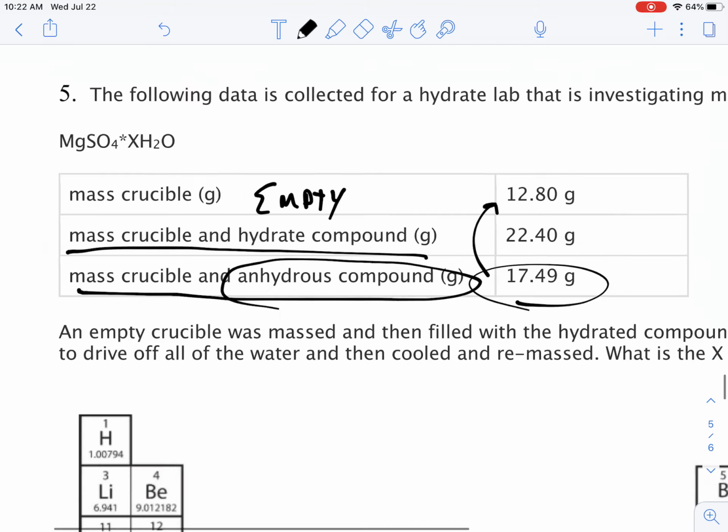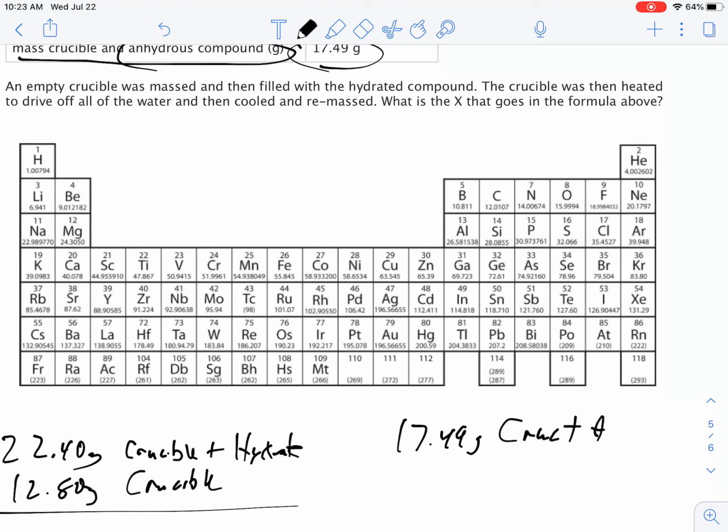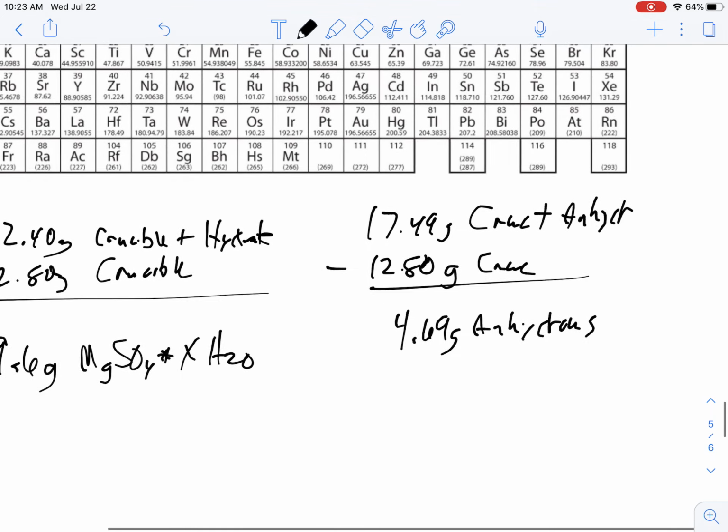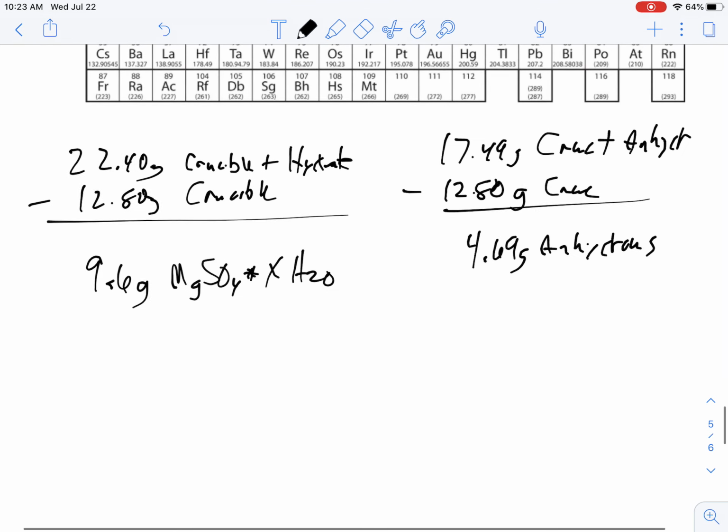So I'm going to do 17.49 grams of the crucible plus the anhydrous compound, and then subtract out the 12.80 grams of the crucible, so that I am left with 4.69 grams of the anhydrous compound, right? So that is the compound without the water.